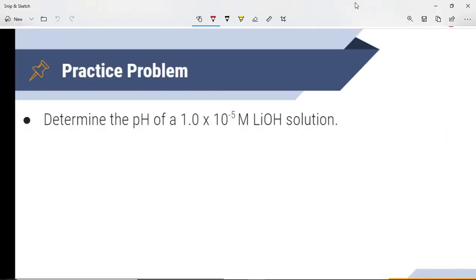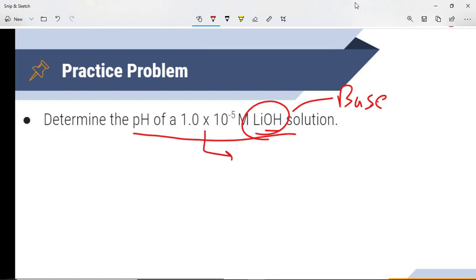So my first question here asks me to determine the pH of a 1.0 times 10 to the negative fifth molar LiOH solution. So if I look here, this is LiOH. I know that because of the OH that this is a base. And I also know that because all of LiOH completely dissociates, that this is equal to my OH concentration.